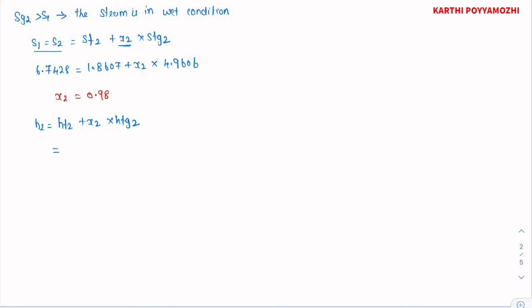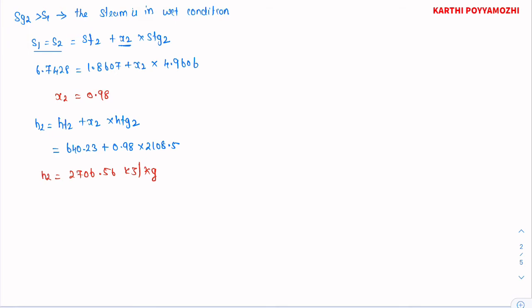Applying these values, H2 is 640.23 plus 0.98 into 2108.5. By calculation, the value of H2 will be equal to 2706.56 kilojoule per kg. And in the efficiency equation, we have found the values of H1 and H2.